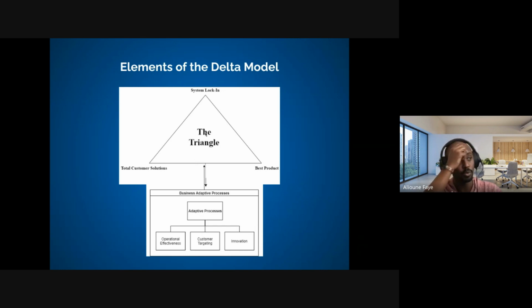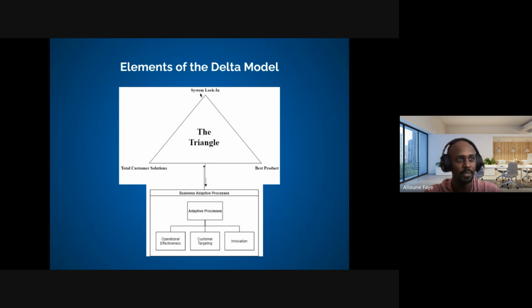Because you want to adapt the triangle of the Delta model, you'll have a strategy around operational effectiveness, and this essentially links the total customer solution side of the Delta model into your operation strategy. You have your customer targeting, which is very linked to the best product, and innovation is system lock-in.